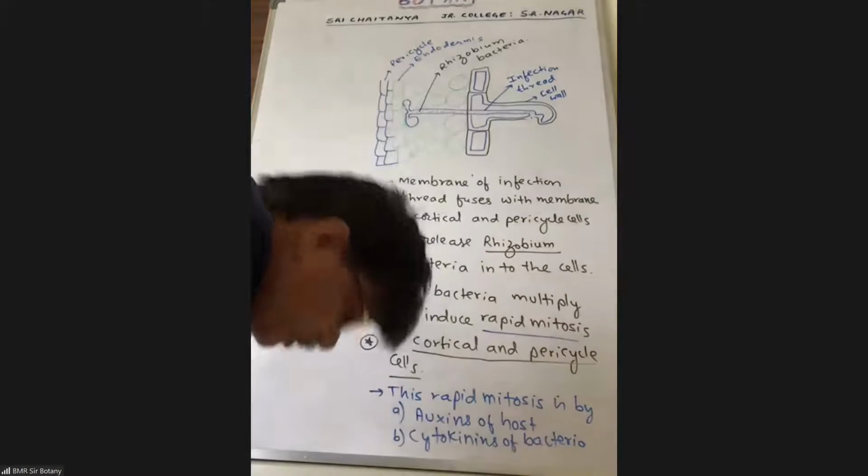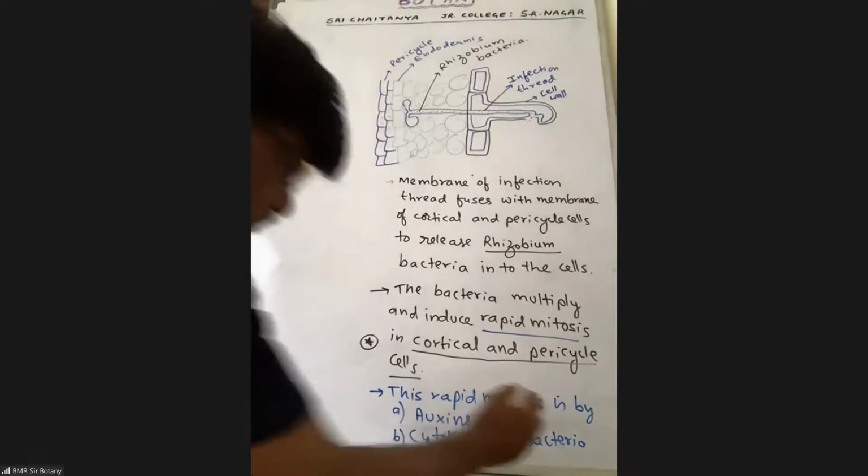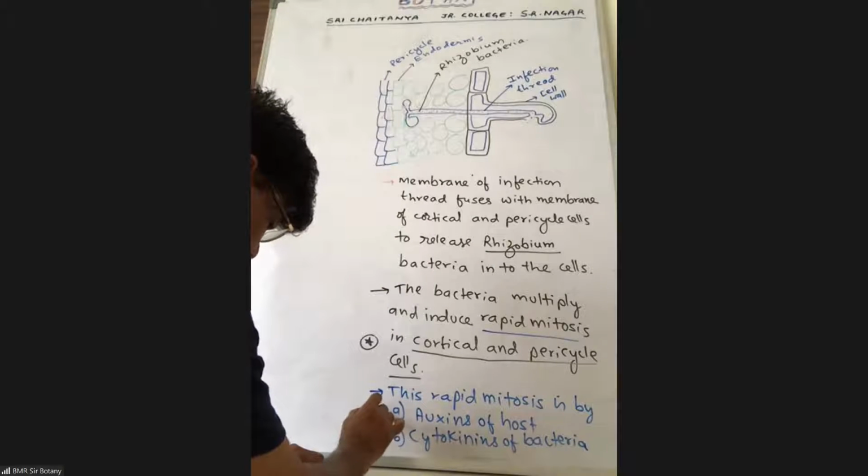See how sometimes the question arises: it has induced the cells to release auxins to induce division, but cytokinins it is producing itself. This is another important thing to remember, Nana.